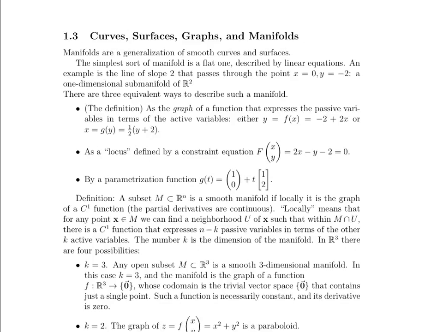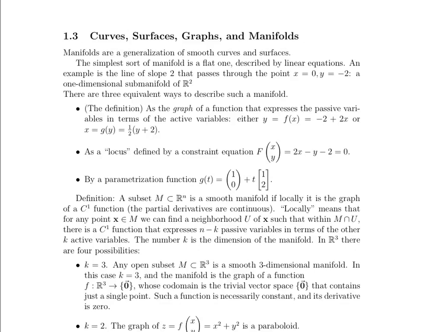That's all that means. So again, it's a smooth manifold if locally it is the graph of a C1 function, which means that I can pick any point on the manifold, and in an open ball around that point, there exists some function that takes those passive variables and expresses them in terms of the active variables.